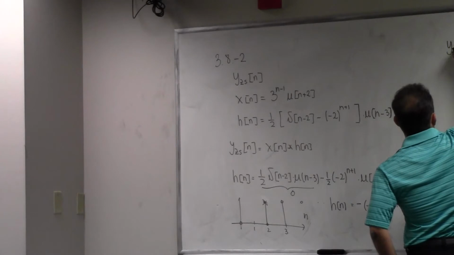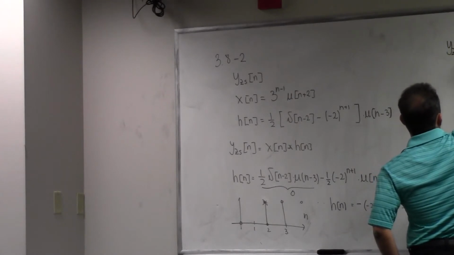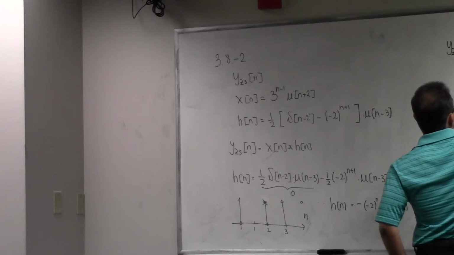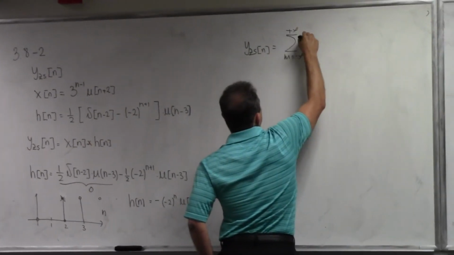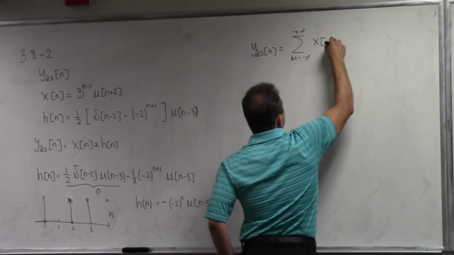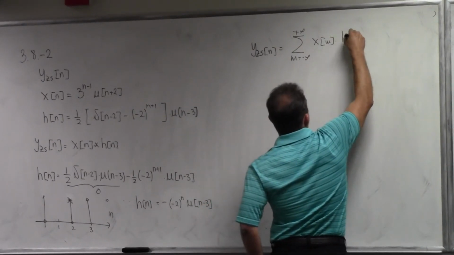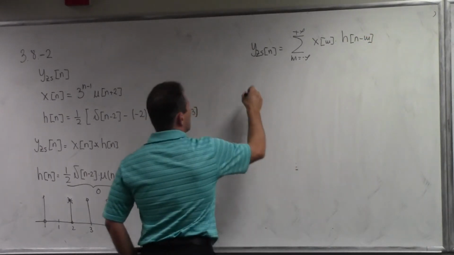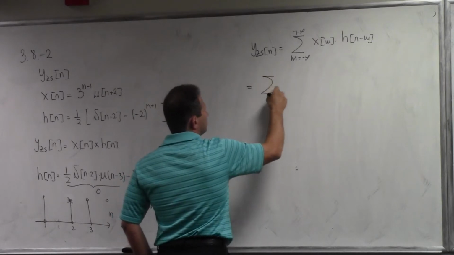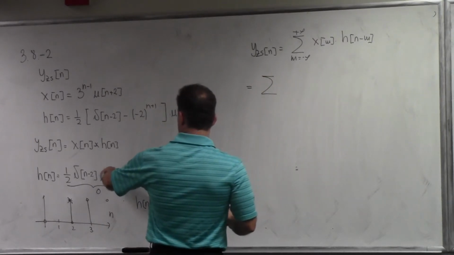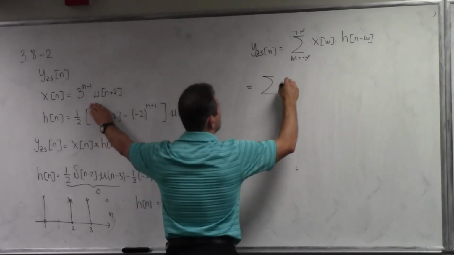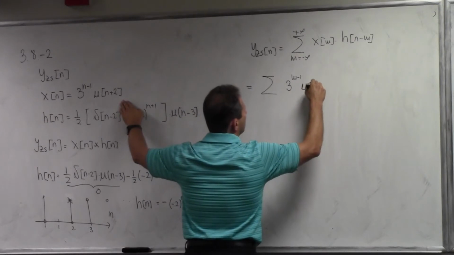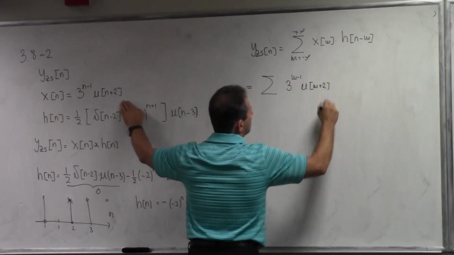So y zero state of n becomes the sum, m goes from minus infinity to plus infinity, of x of m times h of n minus m. In our case, this becomes the summation of x of m, x is given here, so it's going to be 3 to the m minus 1 u of m plus 2, right?